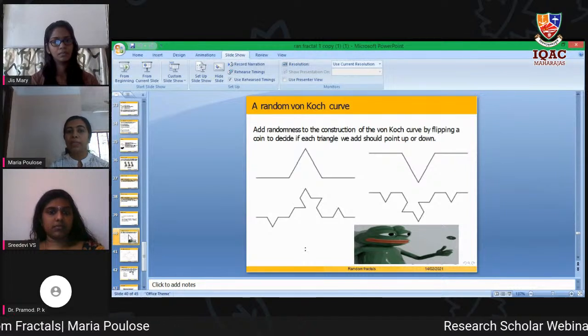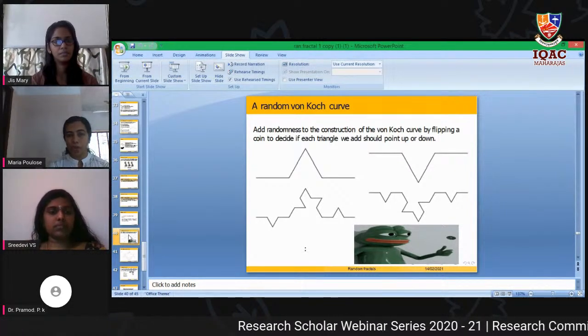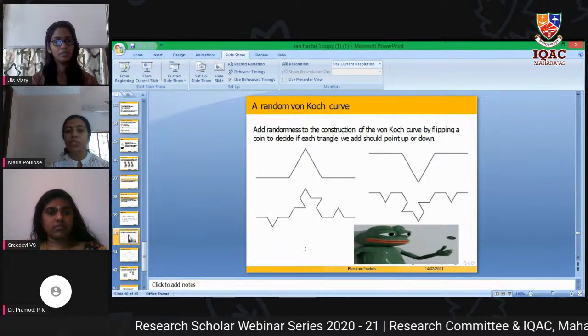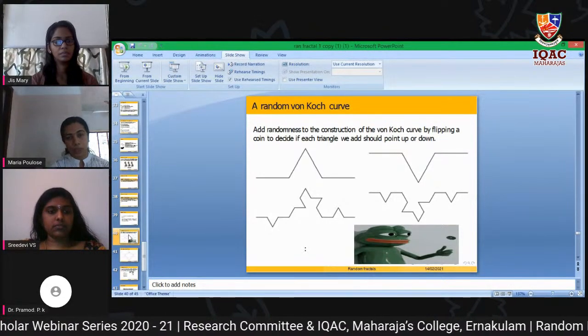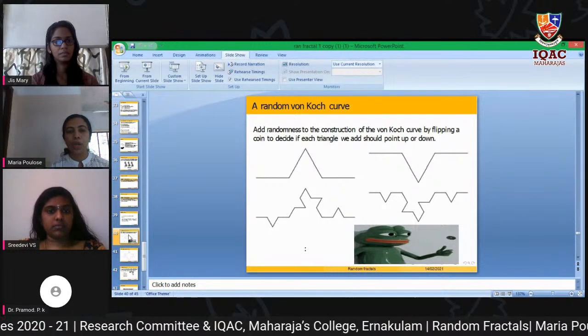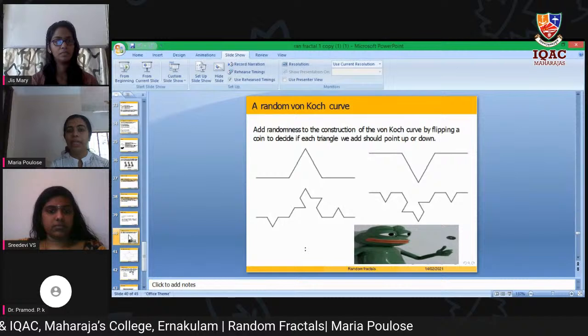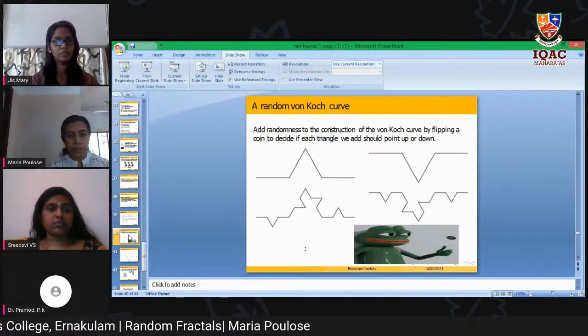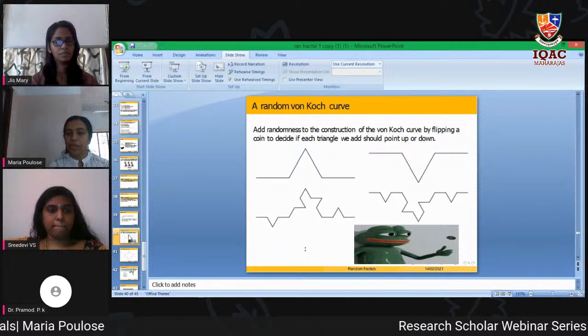Add randomness to the construction of the von Koch curve by flipping a coin to decide if each triangle we add should point up or down. If you toss a coin and get a head, we decide the triangle looks upwards. If we get a tail, the triangle looks downwards.